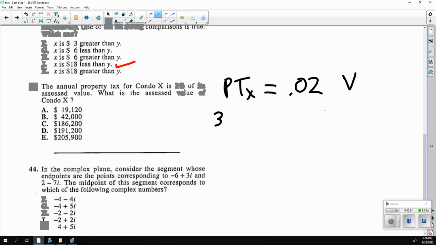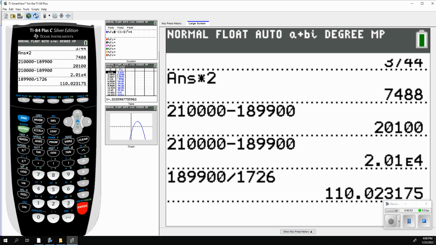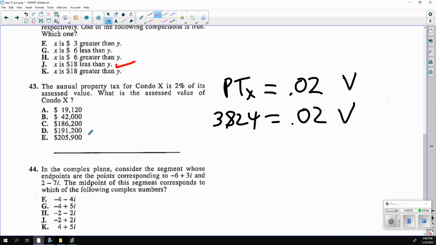So 38.24 is 2% of the value. So you're going to divide 38.24 by 2%. Again, I get a lot out of translation. So it's 191.2 is the price D.